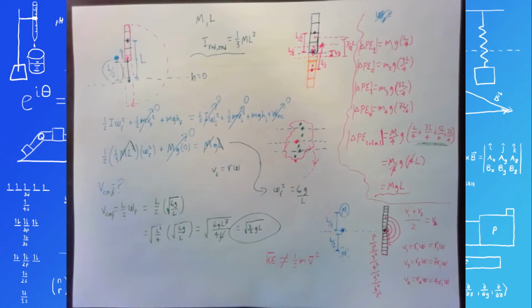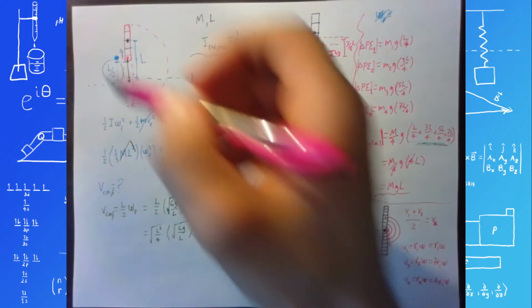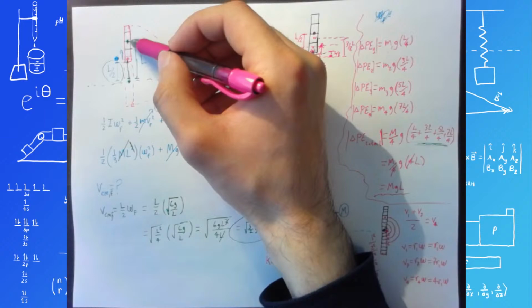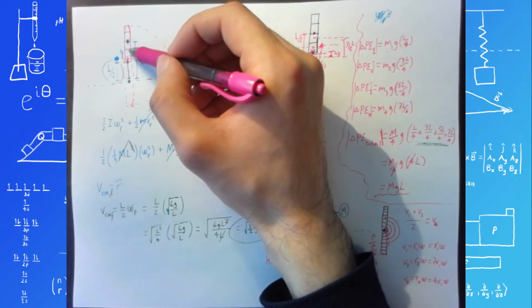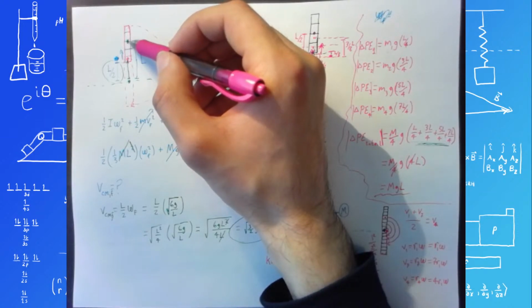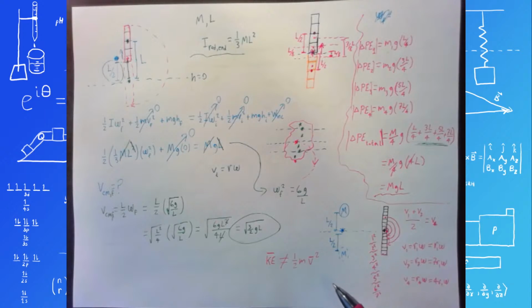So yeah, the velocity of the center of mass is not going to, or rather the kinetic energy of the rod is not going to just be the translational kinetic energy based on the velocity of the center of mass.